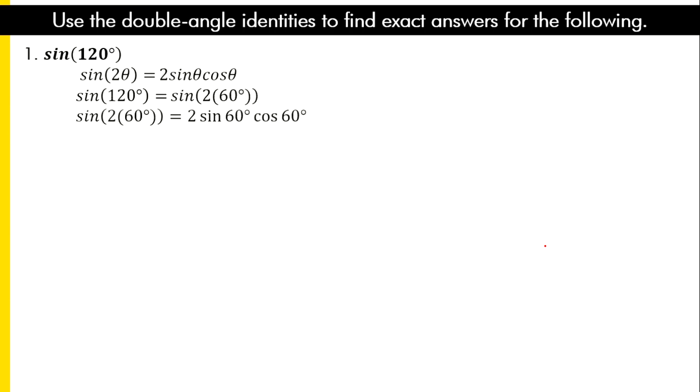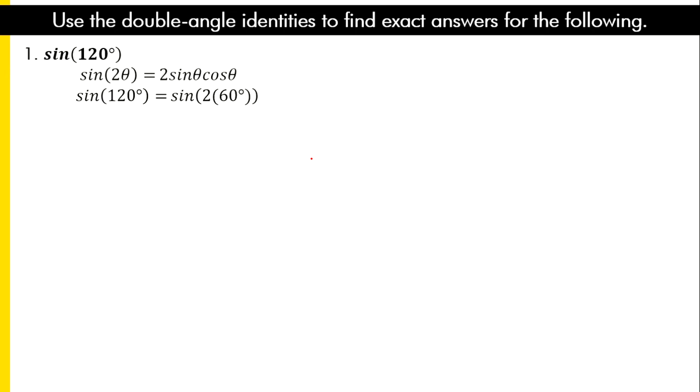So again, same procedure. Let's try to solve this: sine 120 degrees. In this case, we can use the double angle identity. We have sine 2 theta equal to 2 sine theta cosine theta. Since this is 2 theta, 120 degrees can be expressed as 2 times 60 degrees.